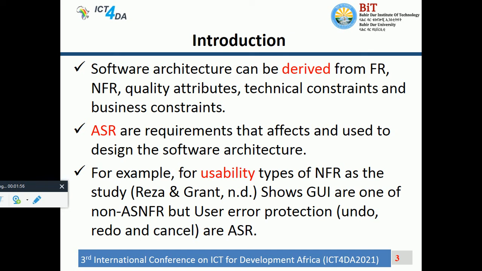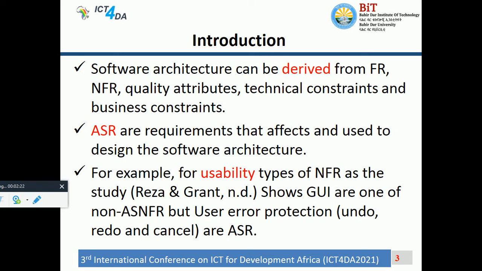And to design a software architecture, we need to collect architecturally significant requirements, abbreviated as ASR. ASRs are requirements that affect and are used to design a software architecture. To design a software architecture, we need to identify architecturally significant requirements.